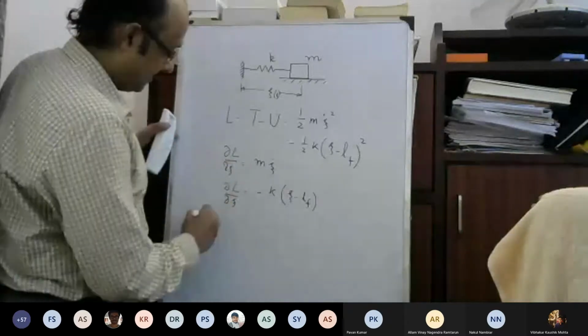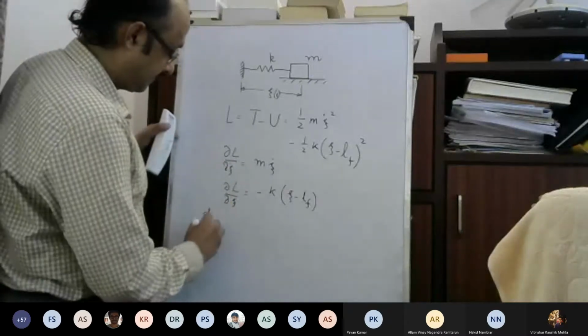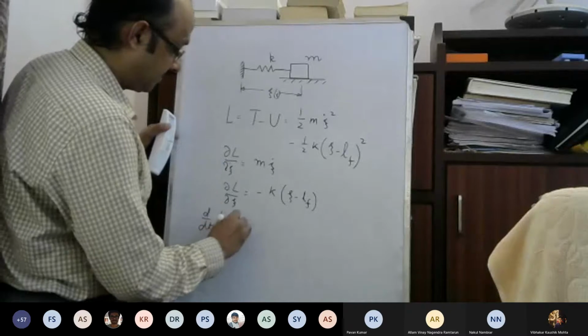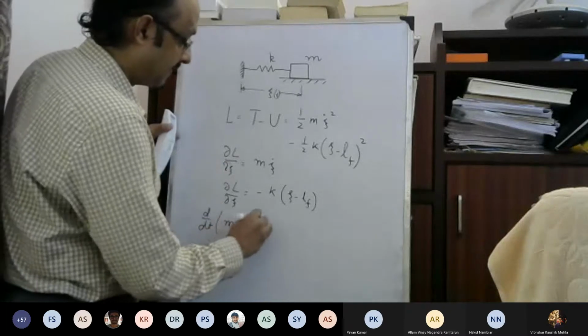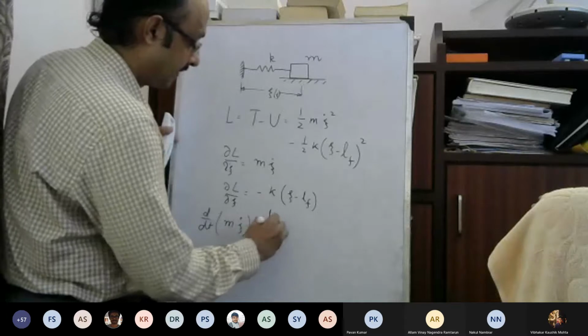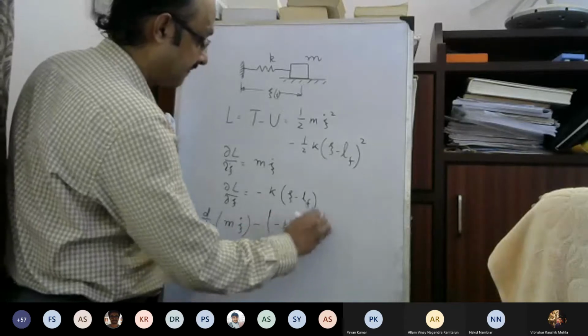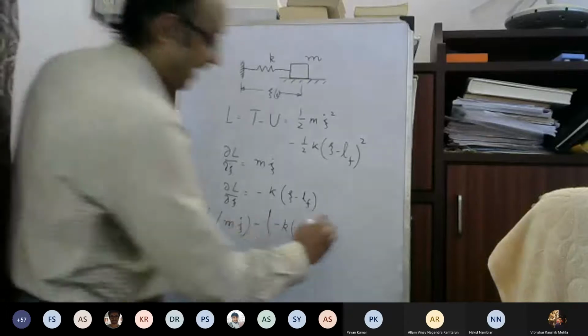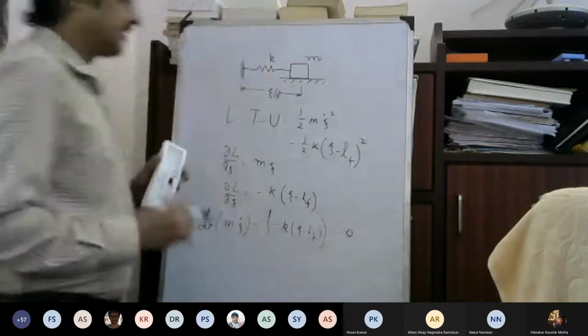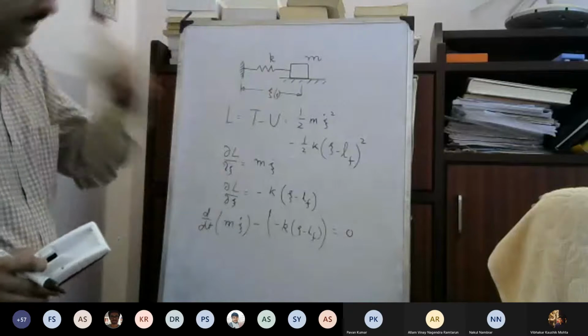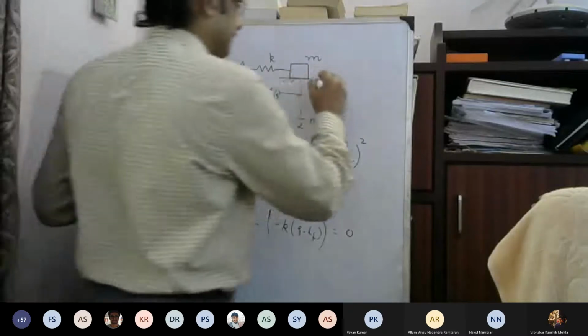The Lagrange equation will be d/dt of m zeta dot minus of minus k (zeta minus LF), and that is equal to 0 because there is no external force, assuming that this is frictionless.